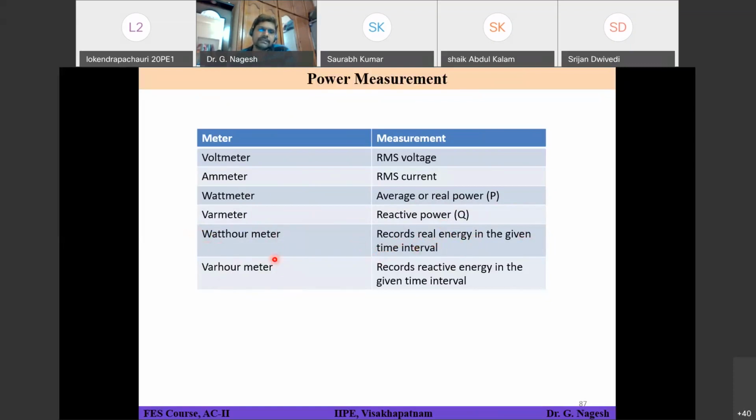And there is one more meter, which is called the var hour meter, which will measure the reactive energy in a given time interval. So this is just for your understanding.